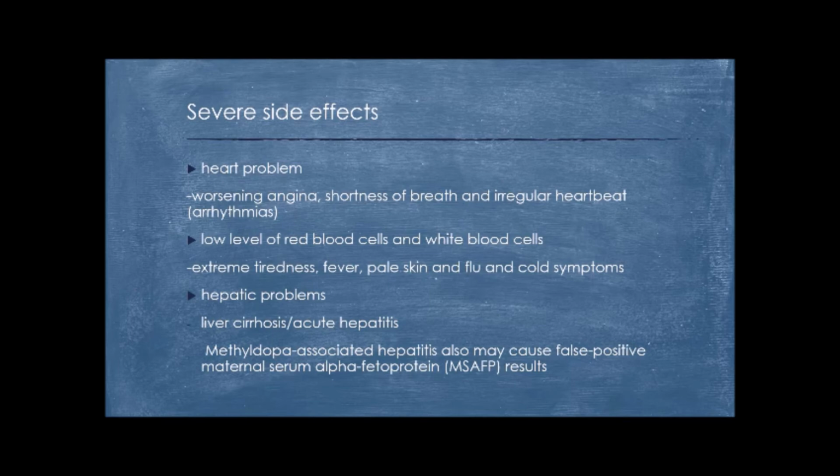However, if the patient's liver disease is less severe and methyldopa therapy is necessary, frequent monitoring of liver function tests in the first 2 to 3 months of therapy is recommended. Also, methyldopa-associated hepatitis may cause false positive maternal serum alpha-fetoprotein, or MSAFP, results.